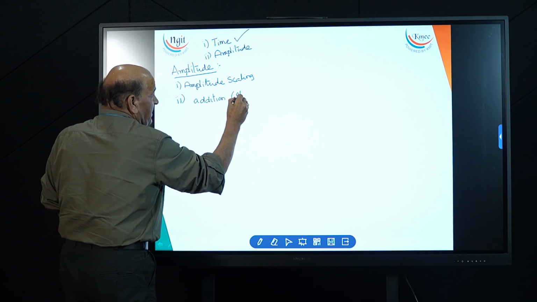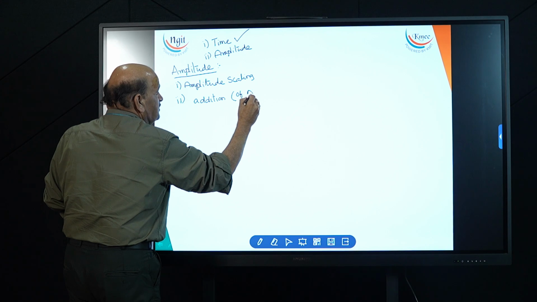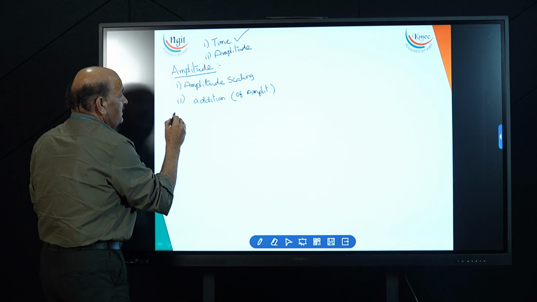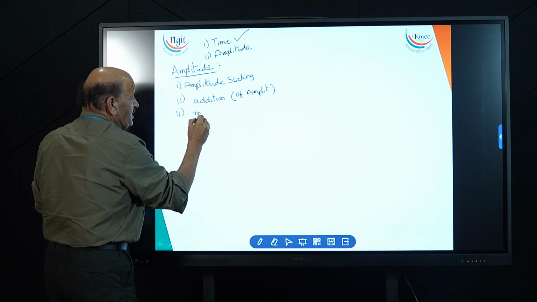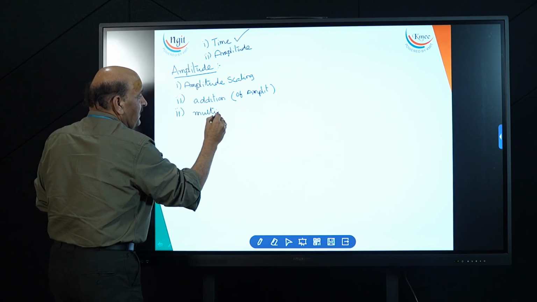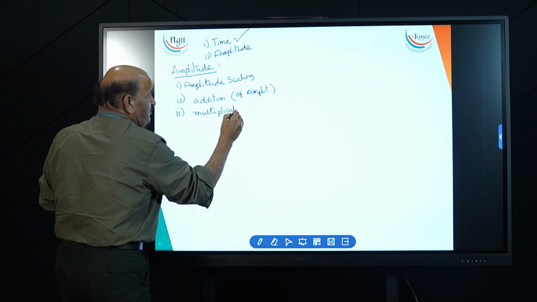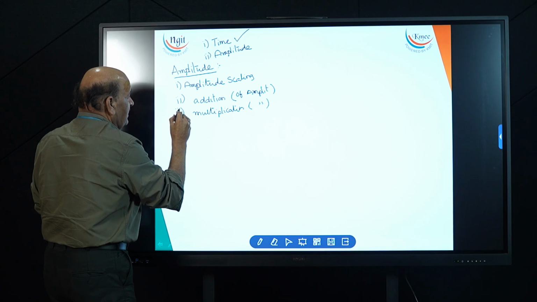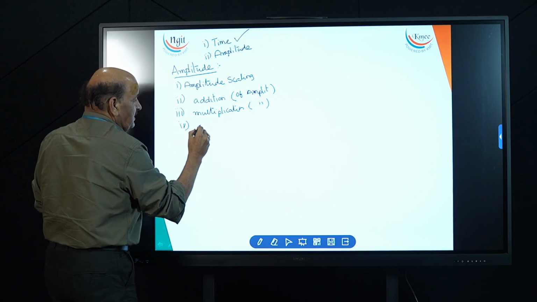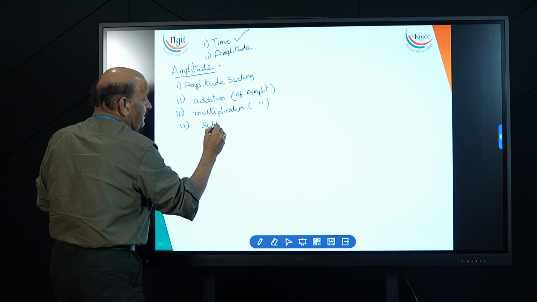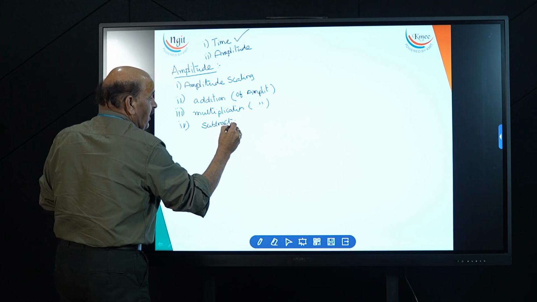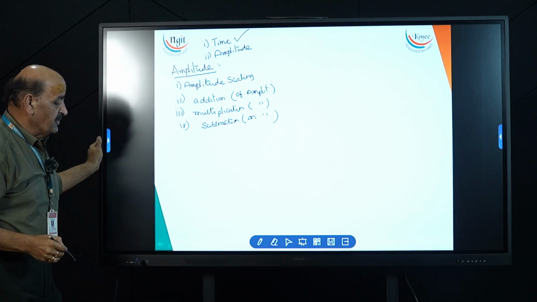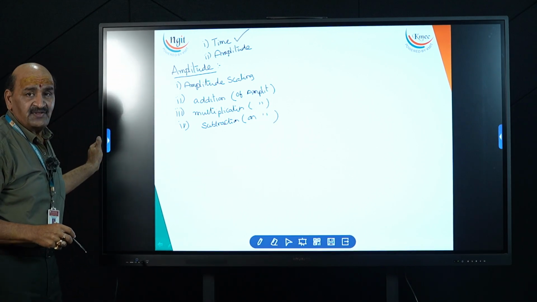The third one, multiplication of amplitudes. The fourth one is subtraction of amplitudes. These four operations we are going to discuss in this session.